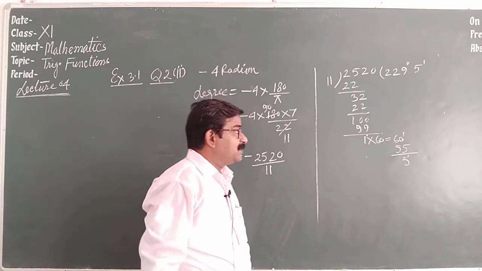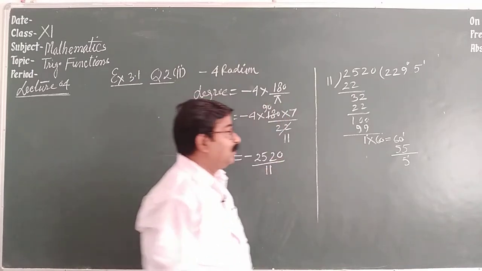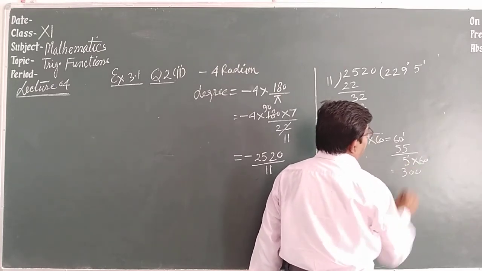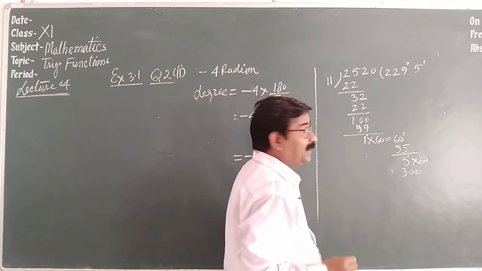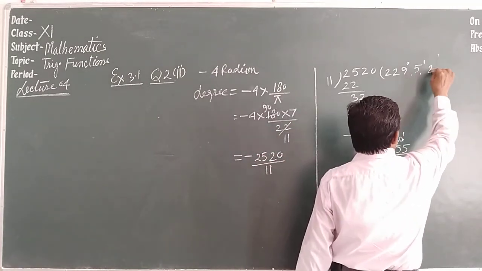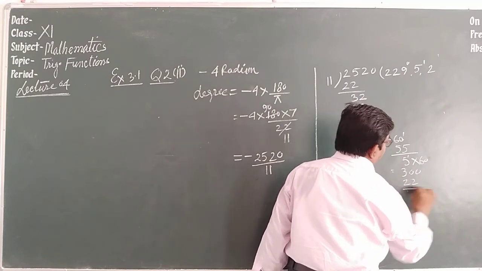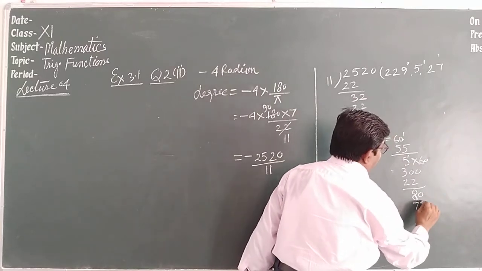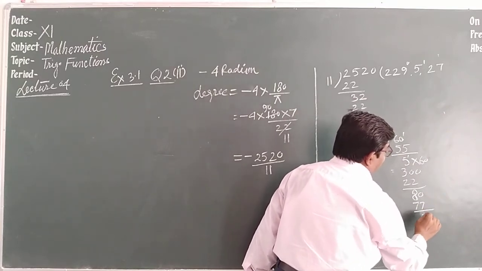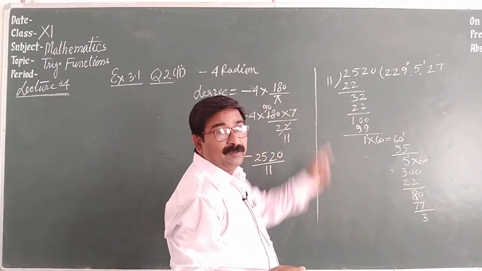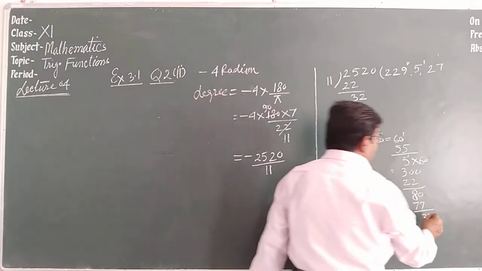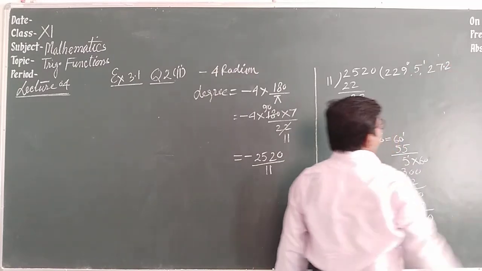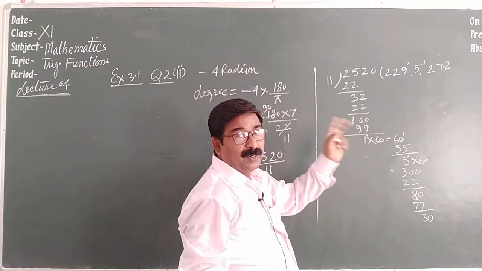But again this 5 minutes cannot be divided by 11, so change this into seconds, into 60, it becomes 300. Now divide 300: 11 2s are 22, taking 8, 80, 11 7s are 77, taking 3, again it cannot be divided, so go into decimal. 30, 11 2s are 22, so it cannot be divided completely.